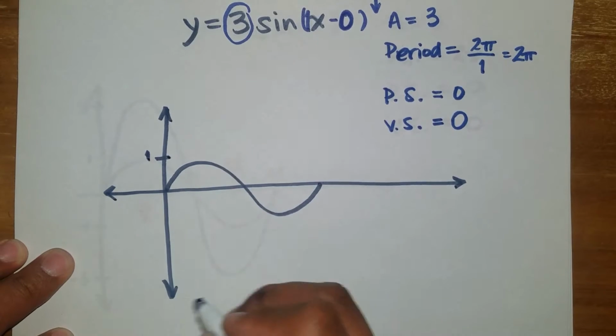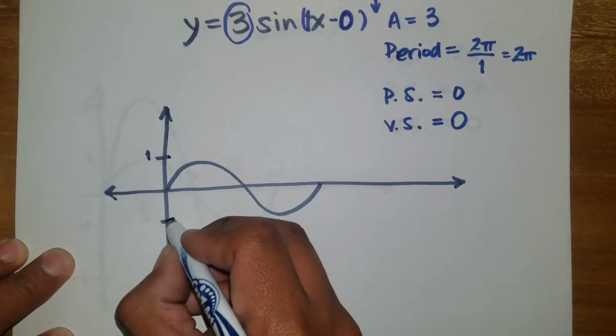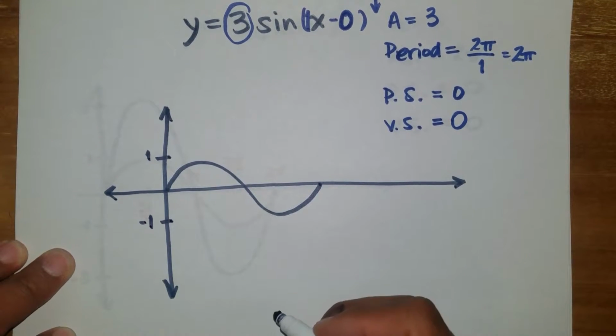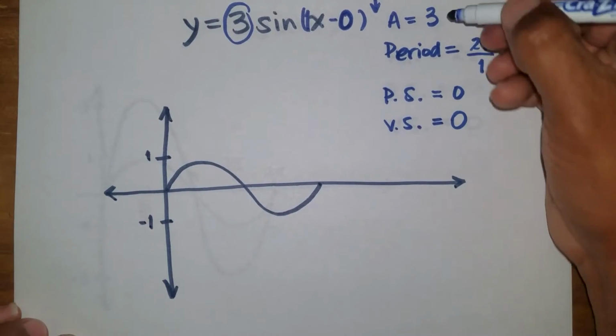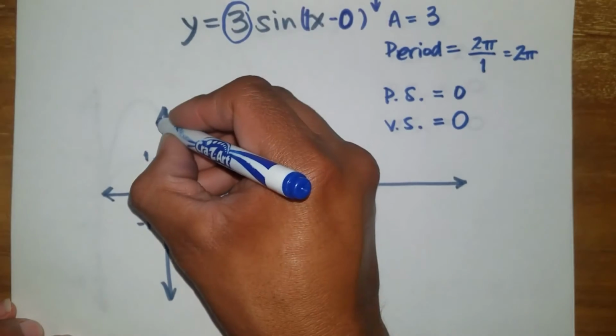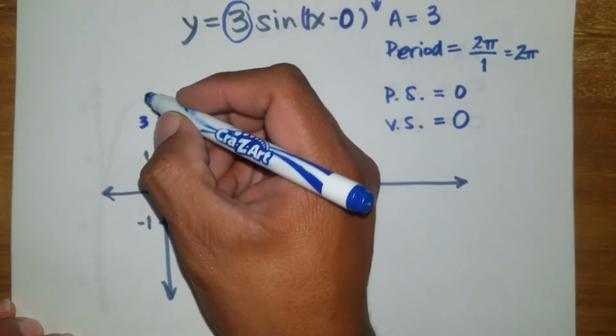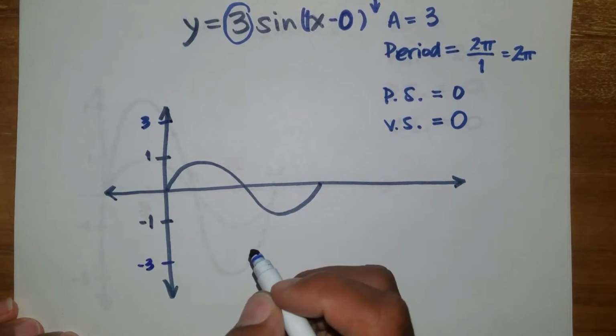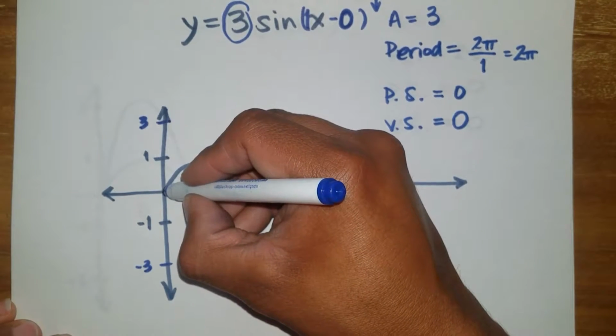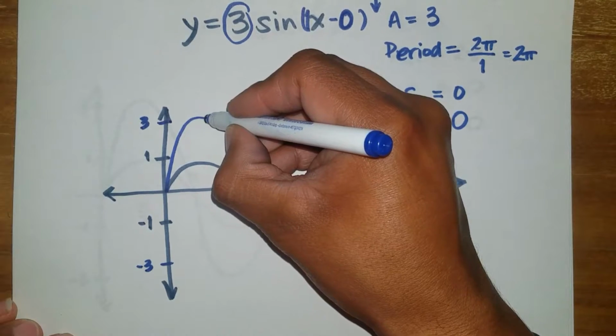Notice how the amplitude for the sine of x graph is 1 above the x-axis and negative 1 below the x-axis. Now we're going to draw the graph of 3 sine x, and here we'll start off by putting 3 above the x-axis and negative 3 below the x-axis to identify our amplitude for this graph.